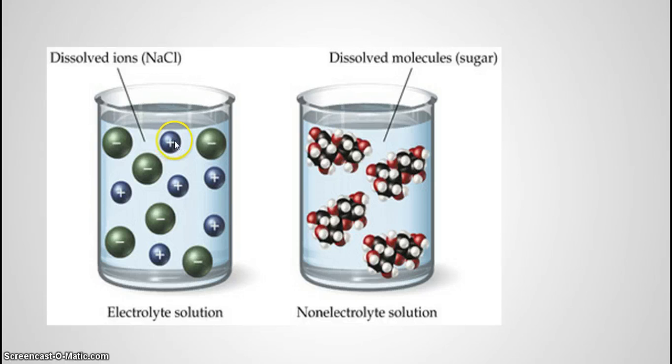When it dissolves, the ions break apart: sodium ions, chloride ions. Sugar is a molecular compound. So when sugar dissolves, the entire sugar molecule stays together. It just separates from the other sugar molecules. So in an ionic compound, we have cations and anions. In a molecular compound solution, we have whole molecules.